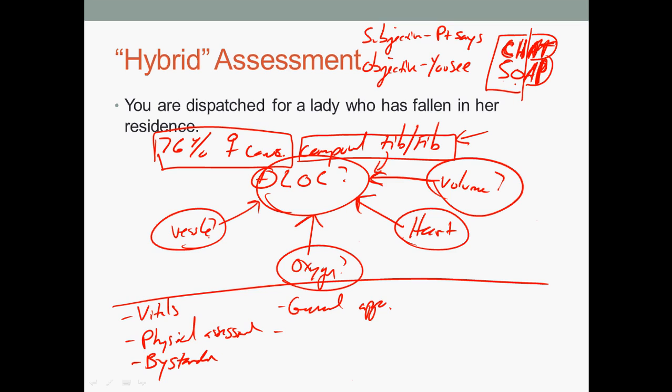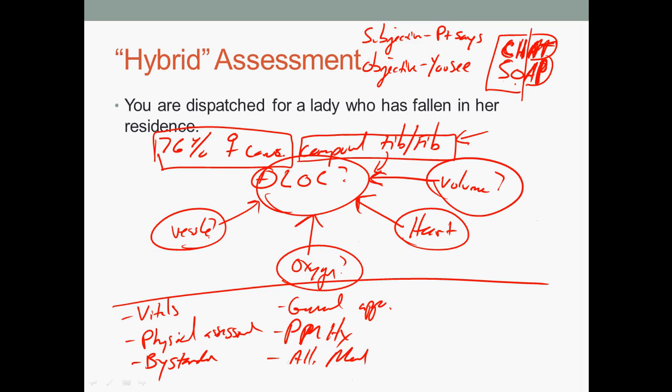Now you could put her past medical history on objective or subjective. It really depends on how you got the information. I'd probably put it under subjective, but we'll put it here just to talk about it. And then maybe allergies and meds, of course, these would be in subjective as well, but we'll talk about it here.